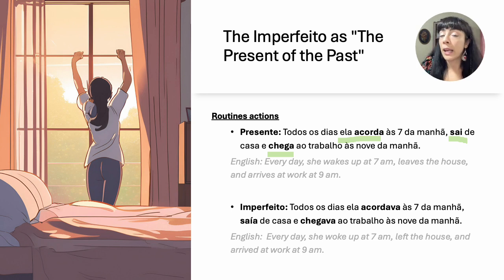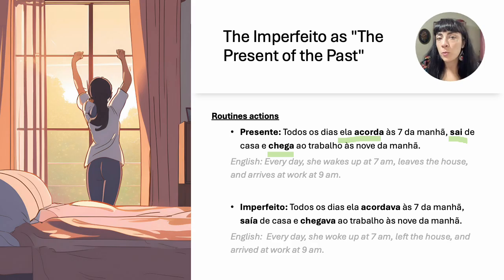Now let's see exactly the same feeling, but let's pretend that 10 years have passed since that action, and you want to describe her routine during that reality. So you will see that we have exactly the same sentence, but all those verbs are written now in the imperfeito.